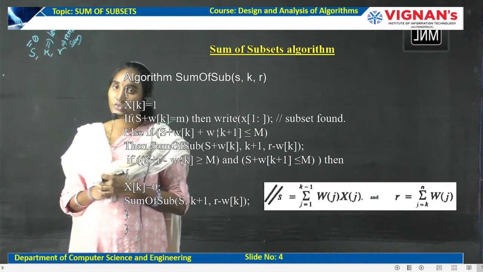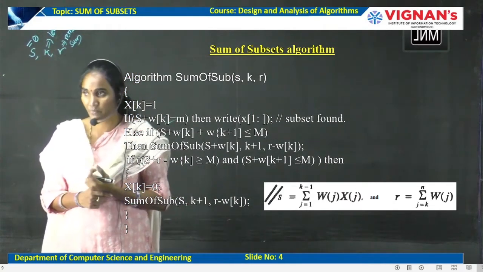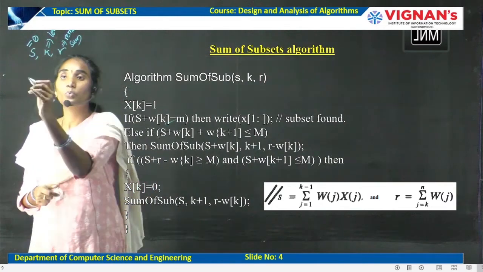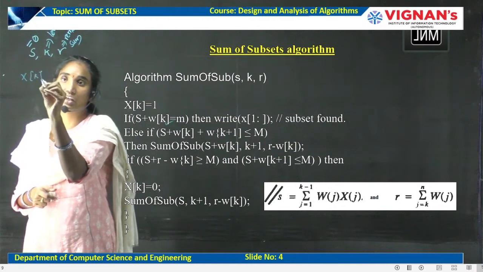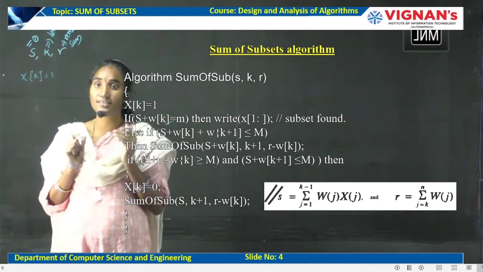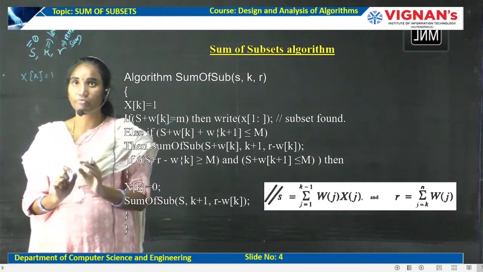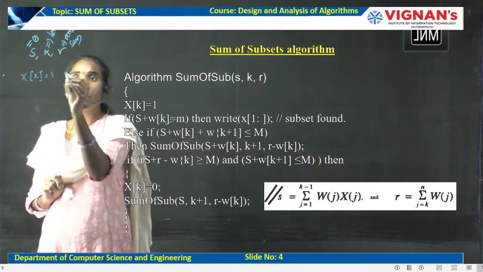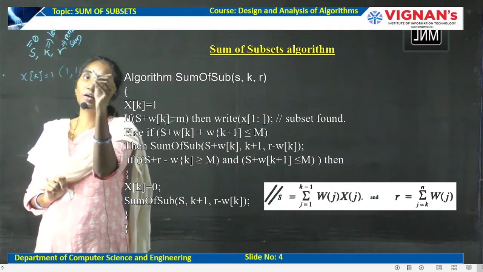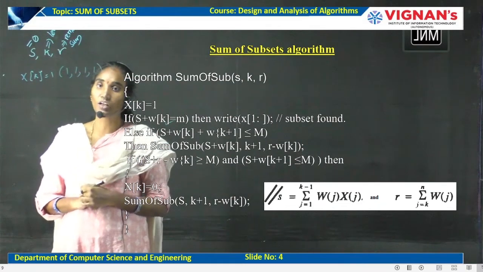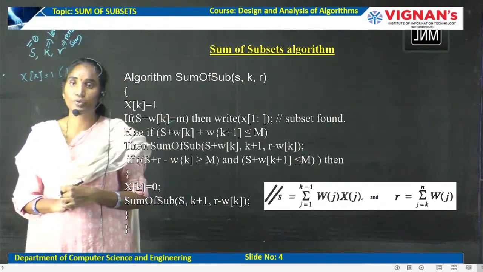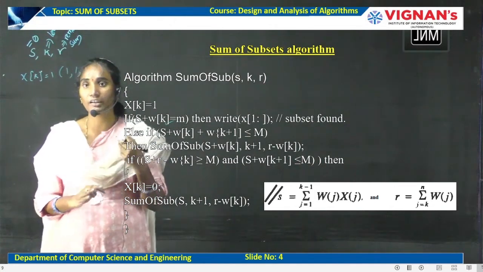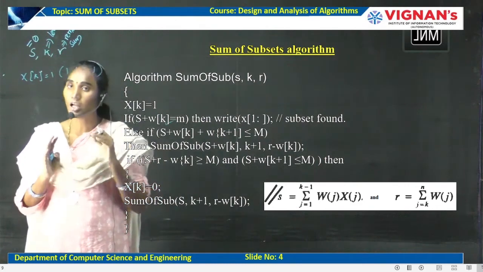So now these three are the parameters for your sum of subsets problem, and initially we are taking the x of k value as 1. Here x of k is an array. For suppose I am having 4 values in the given set, so all these 4 values I am initializing as 1, 1, 1, 1, right? And after that, whichever item we are taking in that particular place, I'm keeping that.